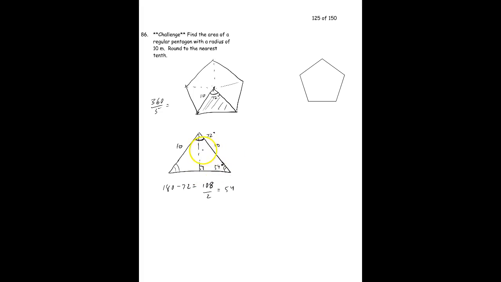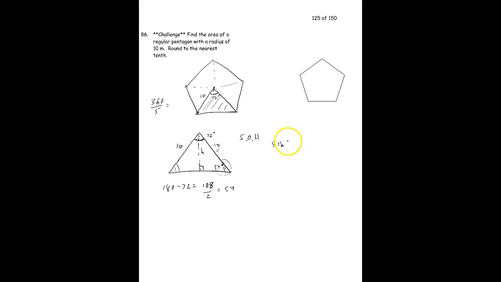Now we can use trigonometry. So I need the base and I need the height. So let's call this one H here. How do we think about SOHCAHTOA to help solve this problem? Well, if I focus in on this angle, 54, I have the hypotenuse, and I'm looking for the opposite. So I want something that has the O and the H in it. Well, SOHCAHTOA, sine is what's going to help us here.